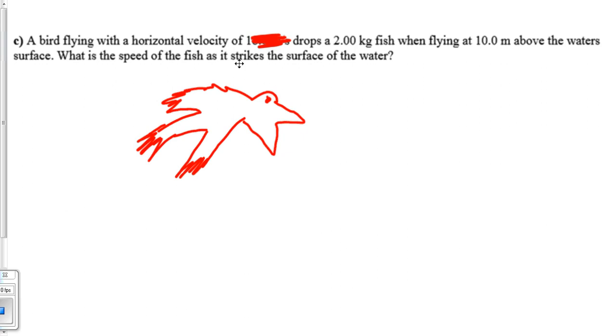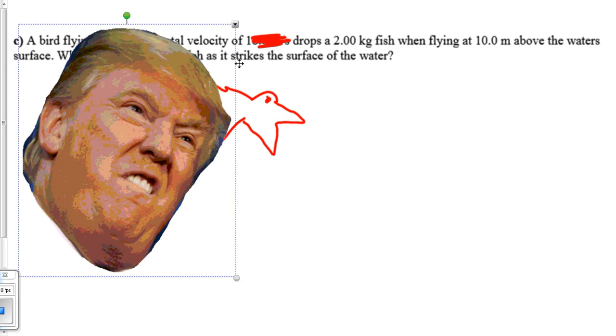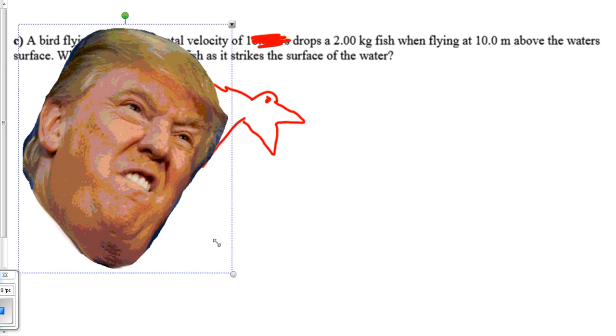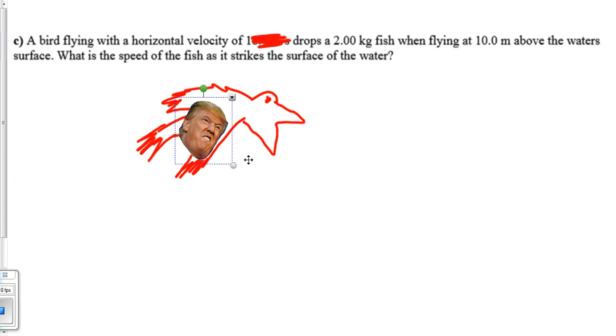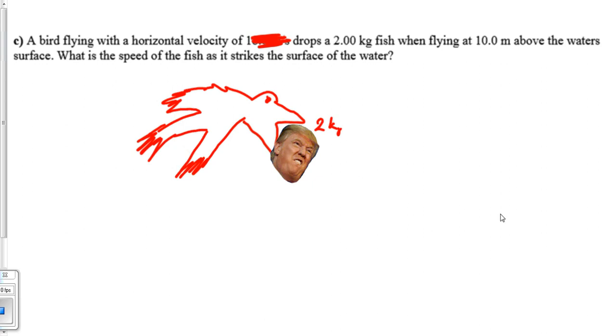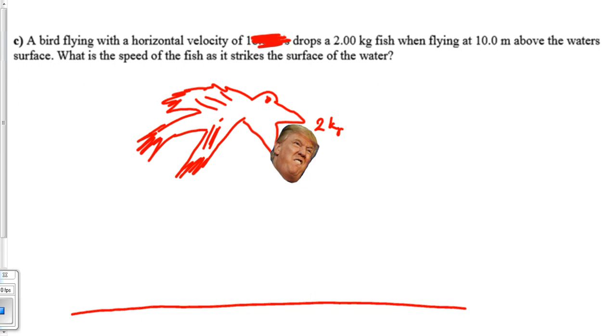There is a bird instead of a fish. You got it. Let's say that the bird is holding a 2-kilogram Donald. So, and in the problem it says that that is the worst bird ever. Wow, that's hideous. But anyway, maybe if we gave it feathers, and that's not improving the bird.